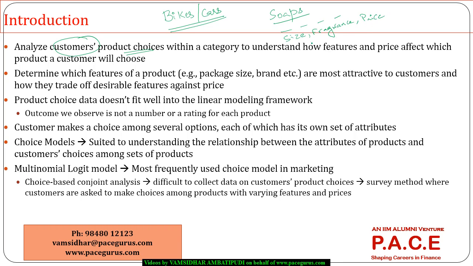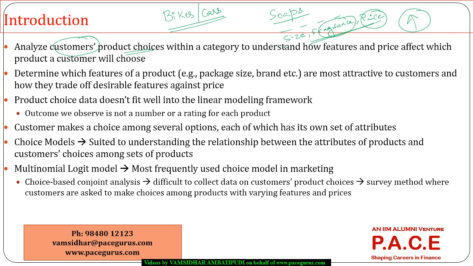So there could be various aspects that are associated with the product, and when a customer is buying one product, we could really see what aspects of this particular product are being considered. Is it the price that he is giving more weightage to, or is it the fragrance?